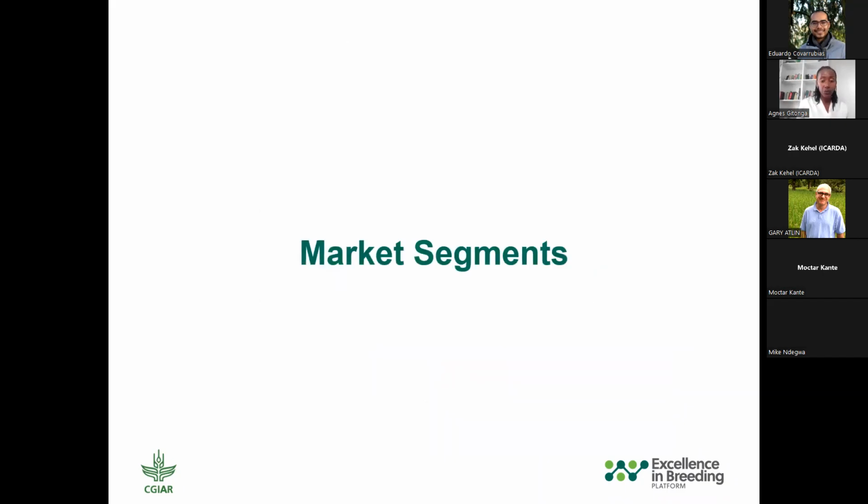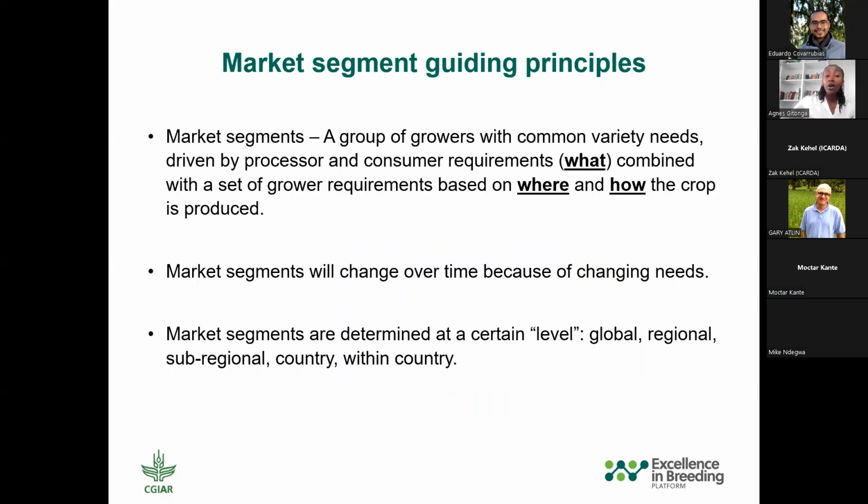So we'll go into the market segments. In our context, in the spirit of standardizing, we are looking at market segments as groups of growers with common variety needs, driven by processor and consumer requirements that cover the what.